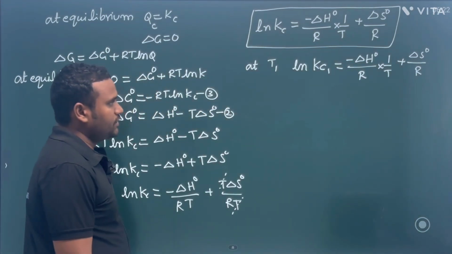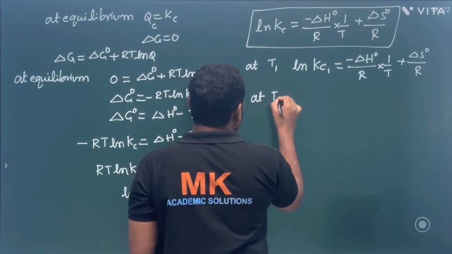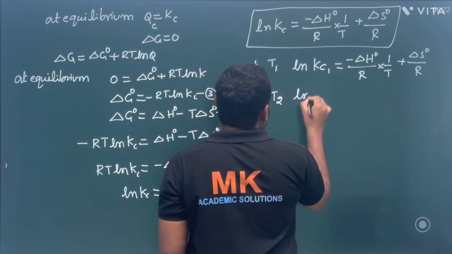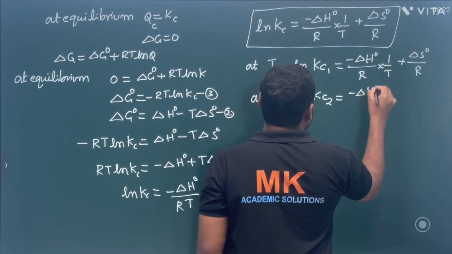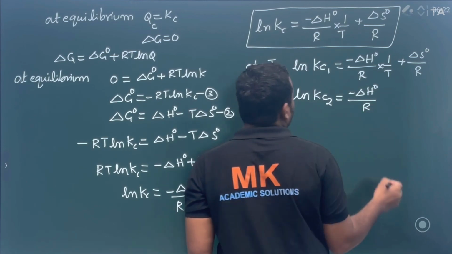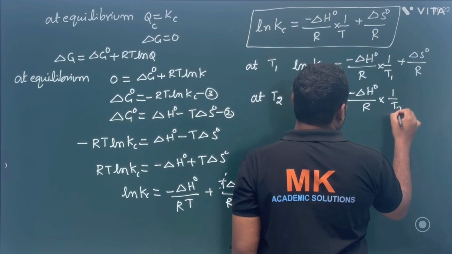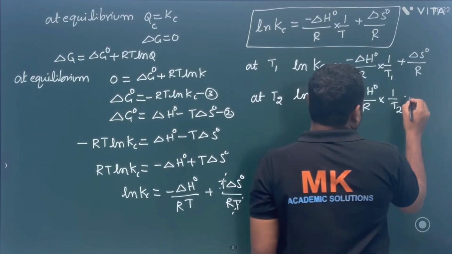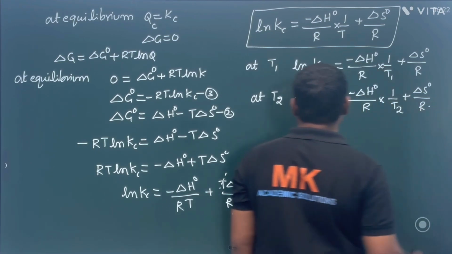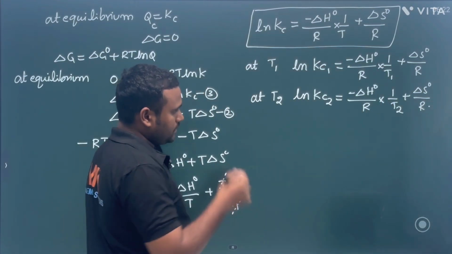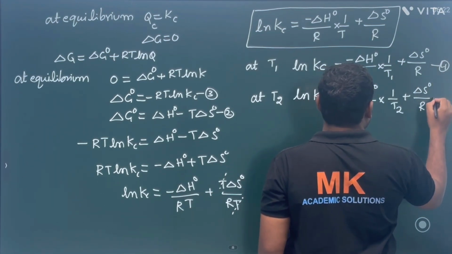Next, at temperature T2, ln Kc2 is equal to minus delta H naught by R into 1 by T2 plus delta S naught by R. Let us consider this as equation number 4 and this as equation number 5.